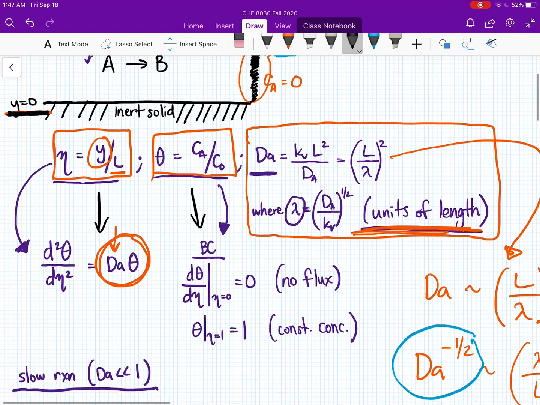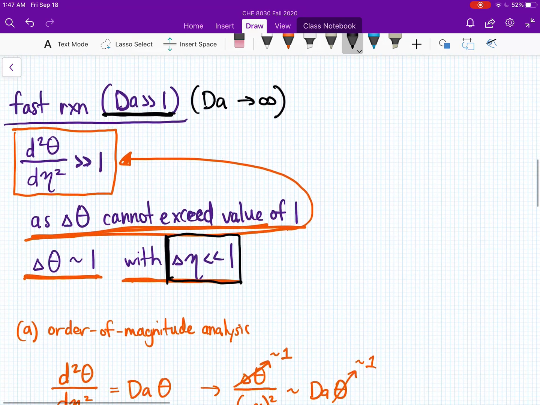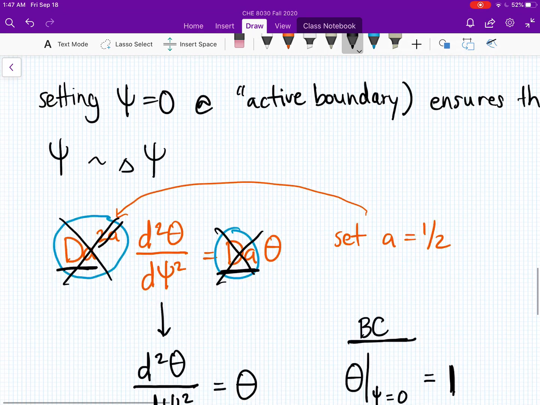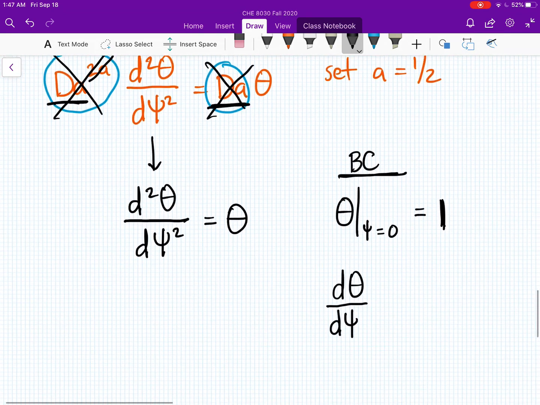Therefore, I have now converted my problem into a semi-infinite problem. And that boundary condition at y equals 0 is now a boundary condition at psi approaching infinity. Hopefully you all see where that came from.